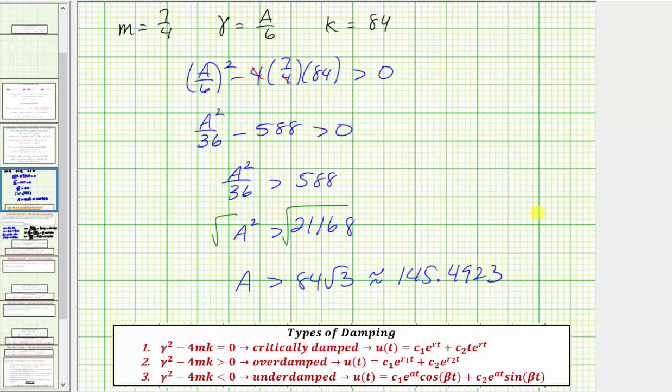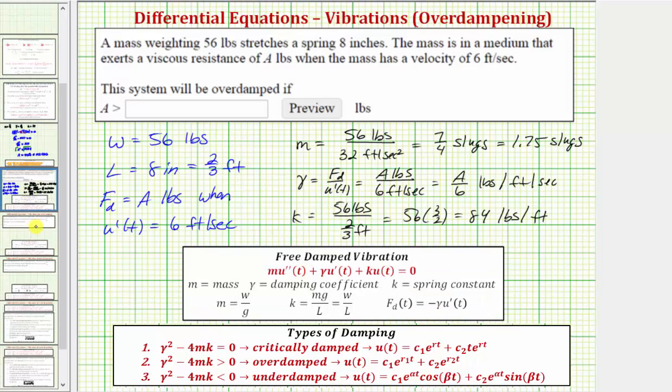So going back to our first slide, we'll use the approximate value of 145.4923, and this would be pounds. So if the viscous resistance is more than 145.4923 pounds when the mass has a velocity of 6 feet per second, then the system will be overdamped.